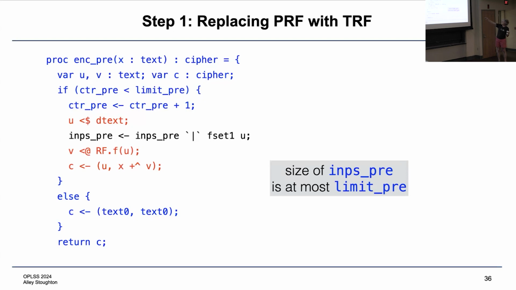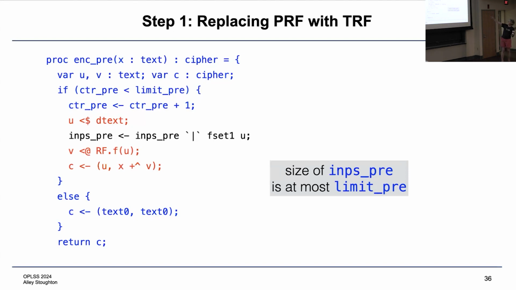Then we run it through the random function, getting a V, and the ciphertext is U paired with the exclusive OR of the plaintext X with V. If you imagine that RF is the PRF, this is doing exactly what we did already, except that we've inlined it.